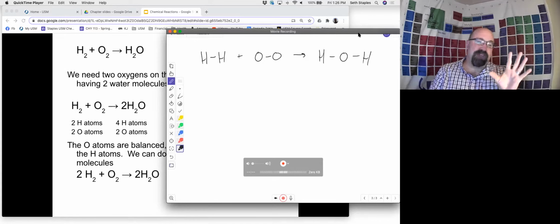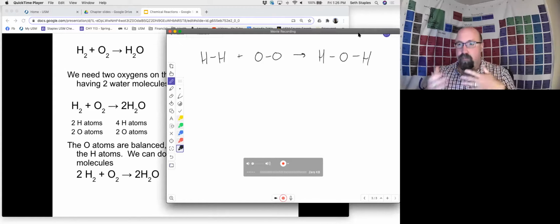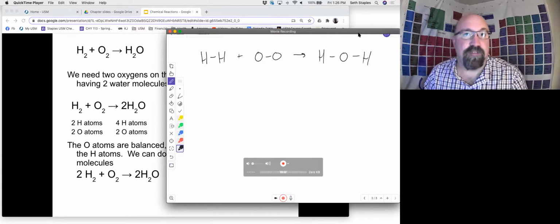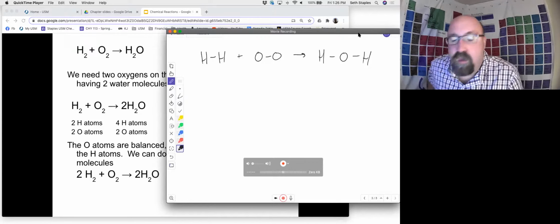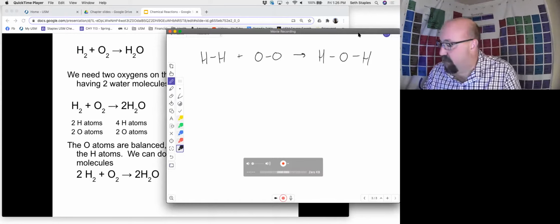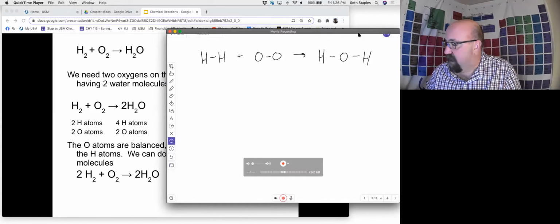And so this is the same exact thing, I'm just writing out the molecules in this structural format so that we can actually see the atoms involved and see their connections. And so again, we want to count the number of atoms that we have on each side. We have our 2 hydrogens over here, and we have 2 hydrogens over here. So we're okay that way.